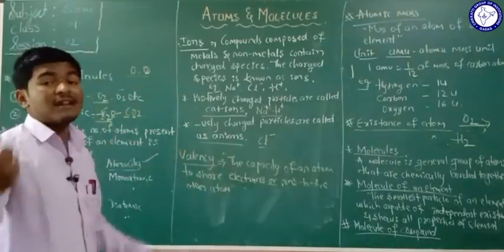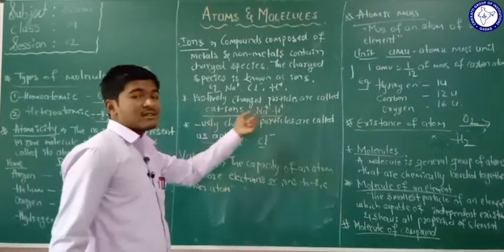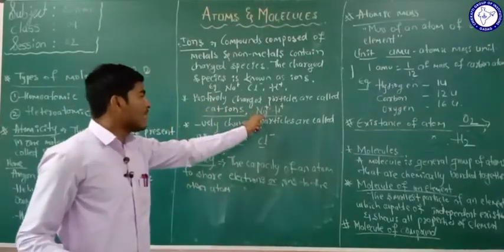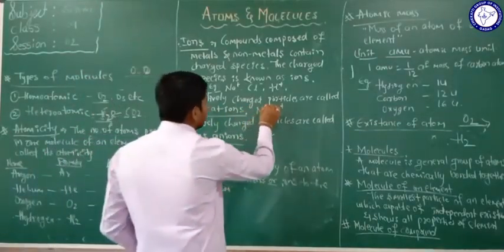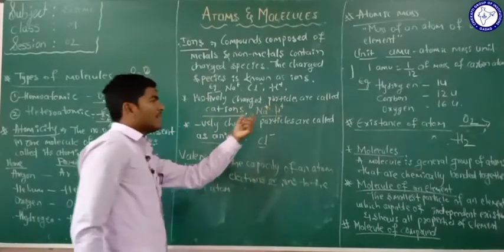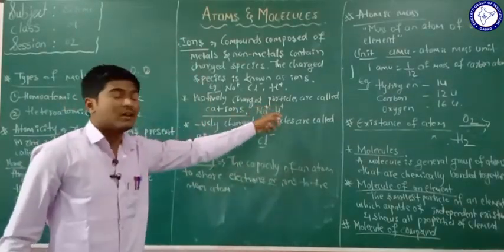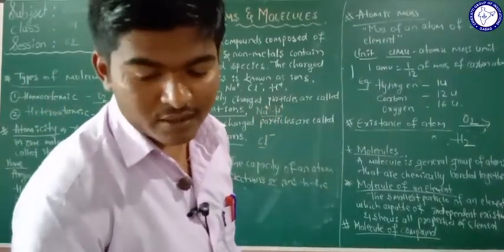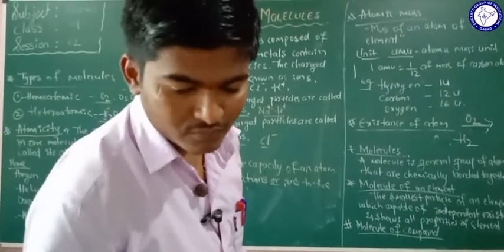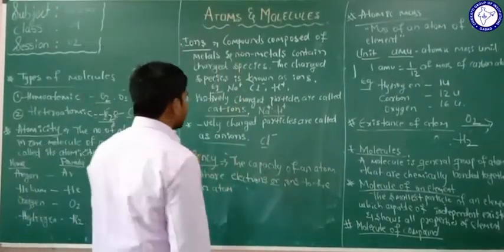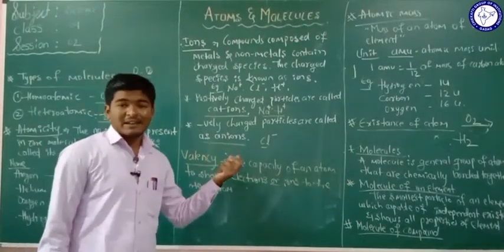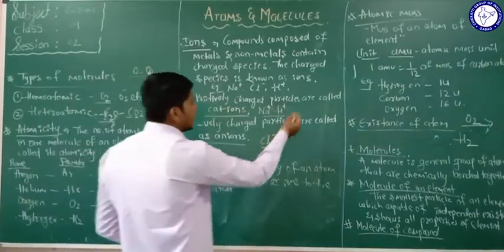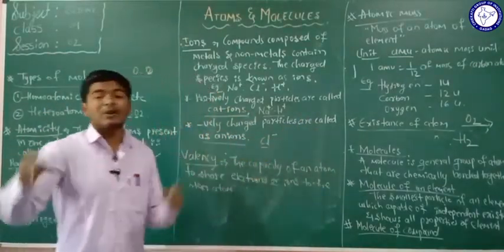So based on the valency of an atom, we write the charges here. What is meant by Na+ here? The valency of sodium is only 1, therefore we write it as Na+. Some elements have a valency of more than 1, that is 2+, for example Ca++, calcium. Why do we write 2+ here?